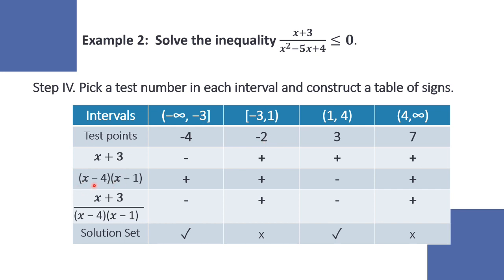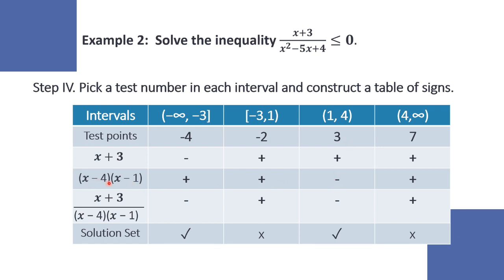Negative 2 minus 4 is negative 6. Then negative 2 minus 1 is negative 3. So negative 6 times negative 3 is positive. Here is positive.